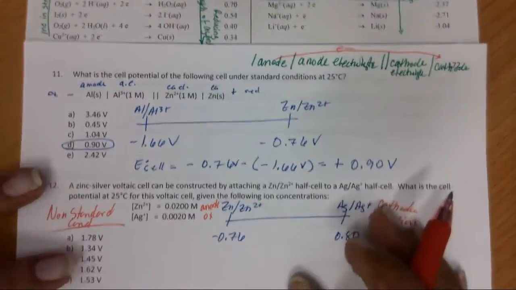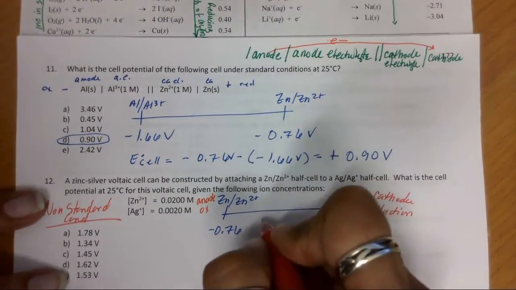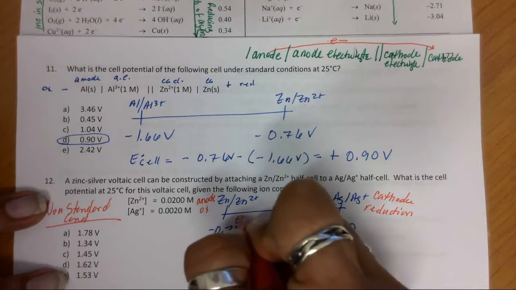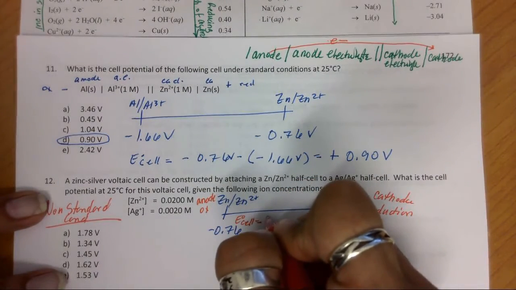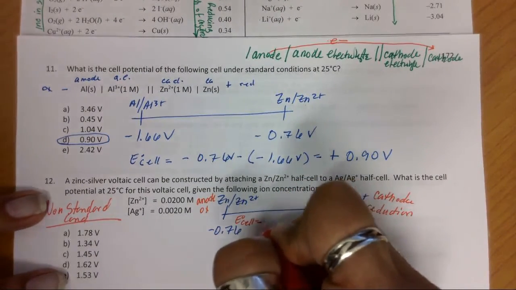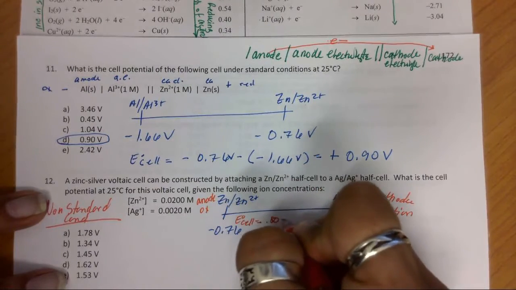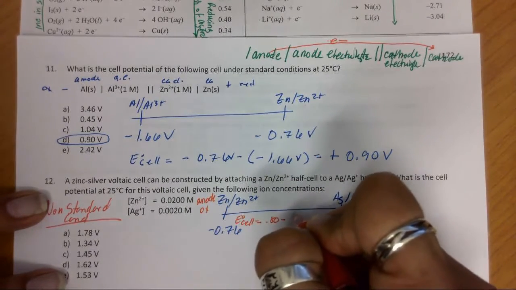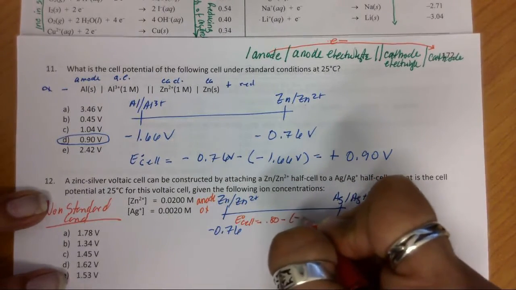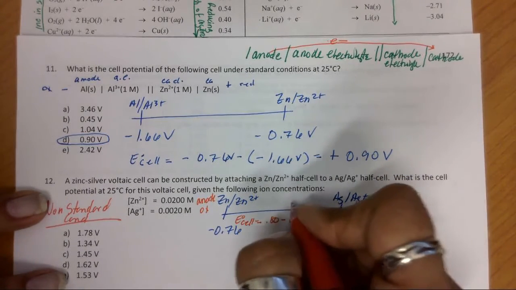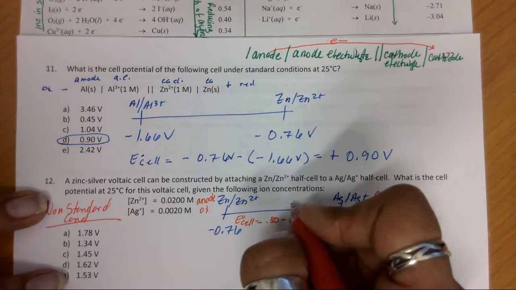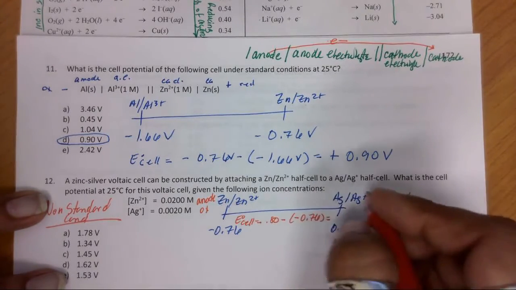If we want to know our cell potential, because we're going to have to plug that into the Nernst equation, E naught cell is equal to 0.80 minus negative 0.76, and that's going to give me my cell potential.